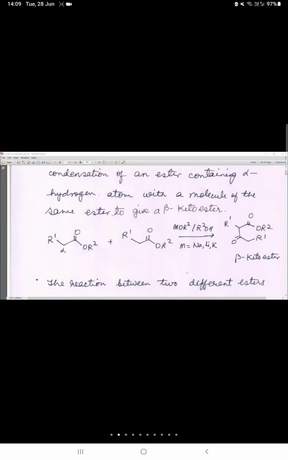When this condensation takes place between identical, the same ester, that results in a symmetrical beta keto ester. The reaction takes place in presence of an alcohol and a base, an alkoxide or alcohol. It can be sodium alkoxide, lithium or potassium alkoxide.